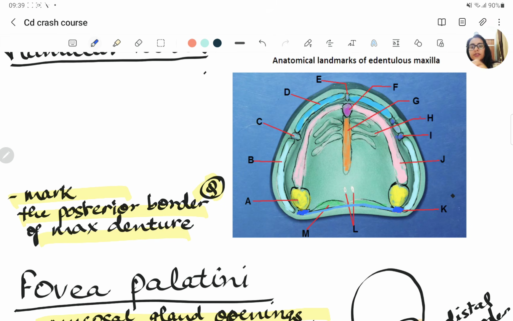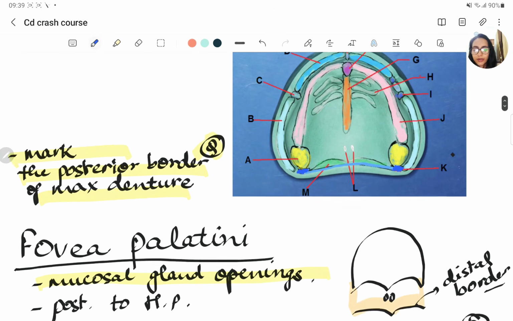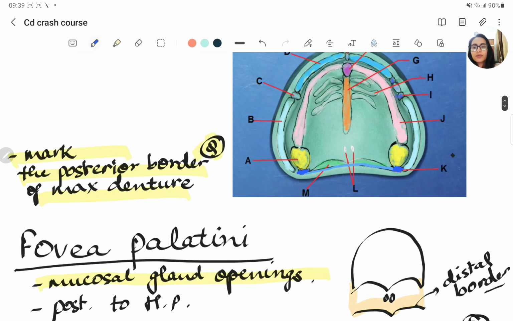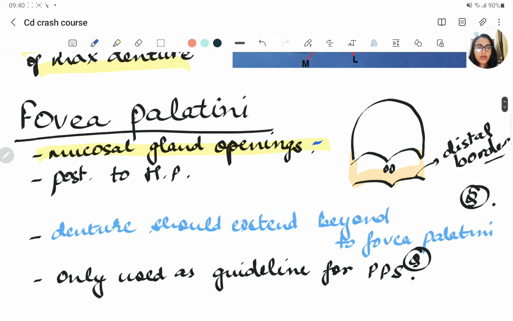It marks the distal posterior border of the maxillary denture. So this depression is where the distal part of the denture base ends. Remember, if they ask you a question, what marks the posterior border of the maxillary denture? It is hamular notch.